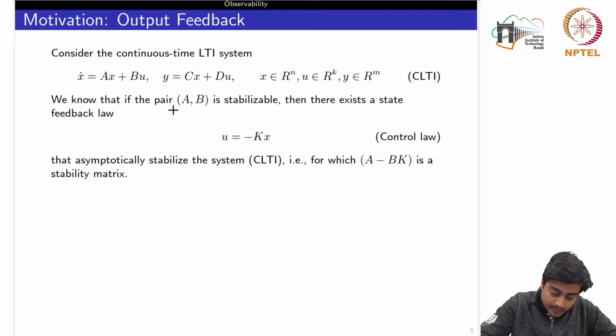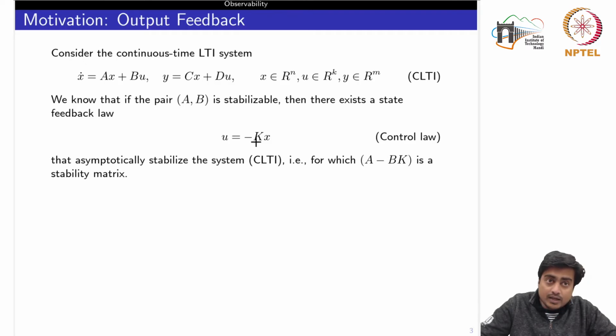We know that if the pair A, B is stabilizable, then there exists a state feedback law, u equal to minus Kx, which we have defined as the control law, that asymptotically stabilizes the system, that is, for which the matrix A minus BK, the closed loop matrix, is a stability matrix.